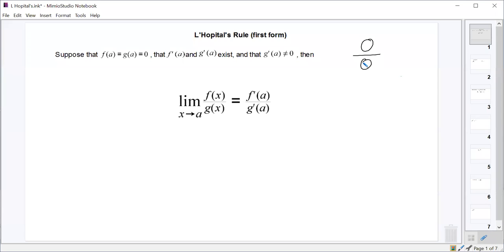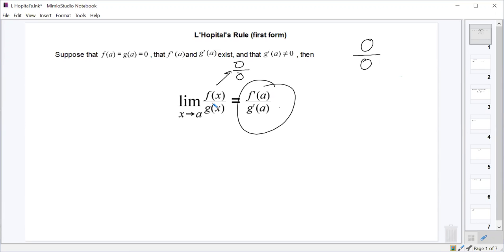This is the first form: if we end up with an indeterminate limit, so if we have the limit as x approaches a of f/g, a quotient of two functions, and it comes out to be 0/0, we can take the derivative of the numerator and the derivative of the denominator and evaluate those at a, the value that we were approaching for our limit. And this result is equal to the limit of the original function.